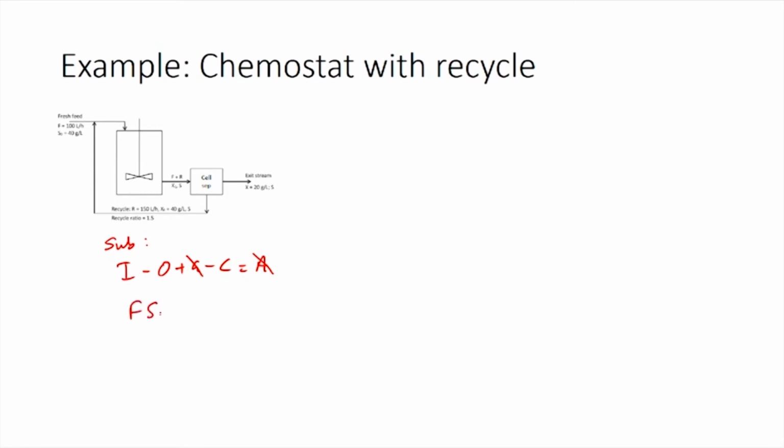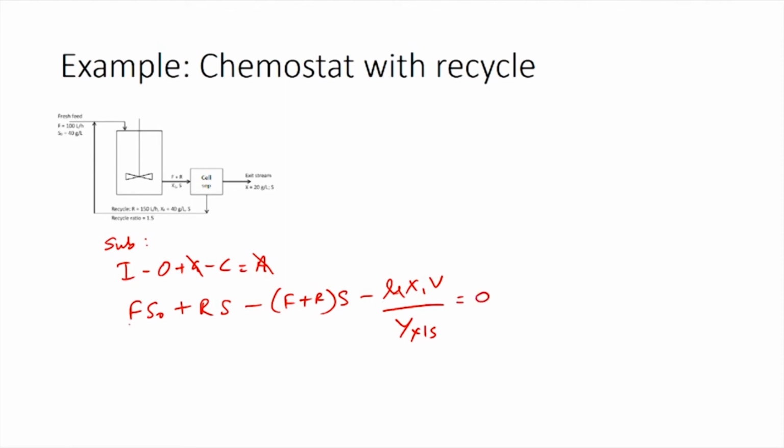You have F S naught through the fresh feed plus R times S in your recycle feed, and you have exit stream as F plus R times S, and you would have consumption given in terms of mu x1 V divided by Y x/s. Again, we are assuming that there is no other consumption of substrate other than to form the biomass. This equals 0.